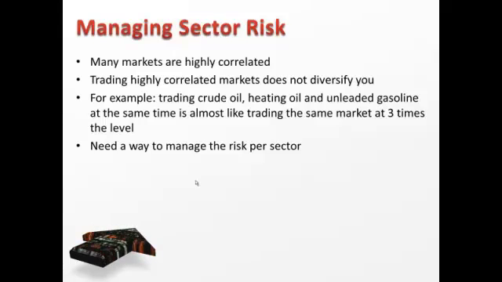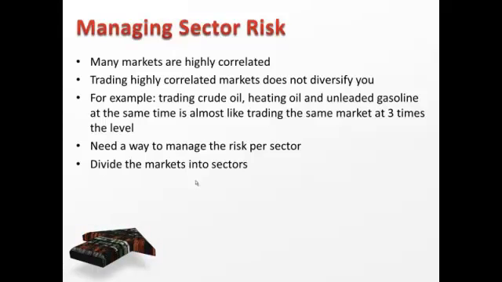We need a way to divide the markets into sectors, and the few backtesting software packages that can do position sizing will allow you to take the markets that are correlated and assign them a sector. For example, grains, or energies, or financials, or metals, or meats, etc.